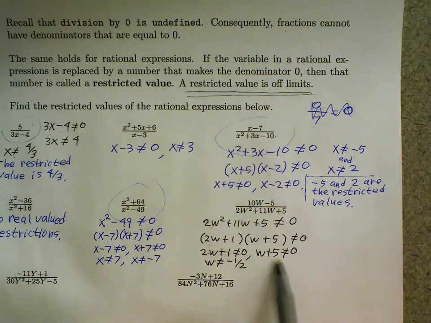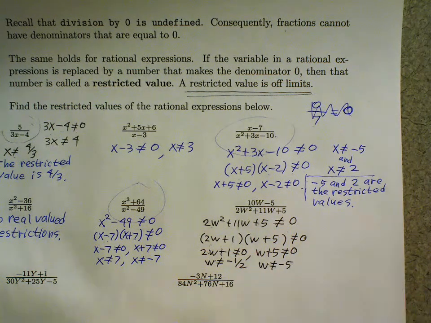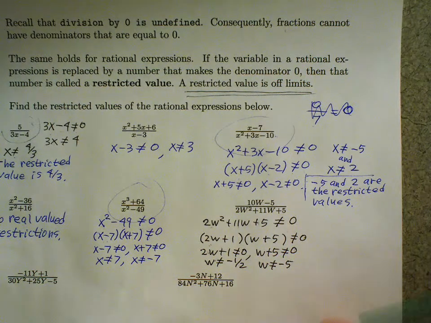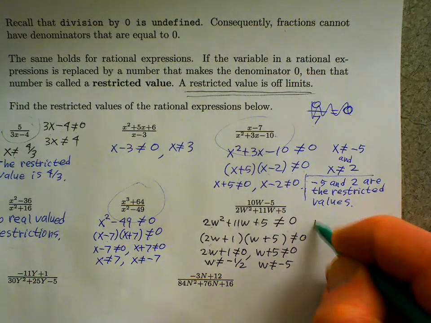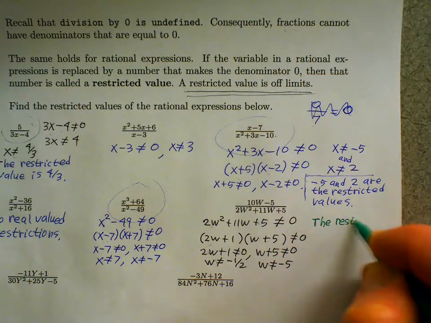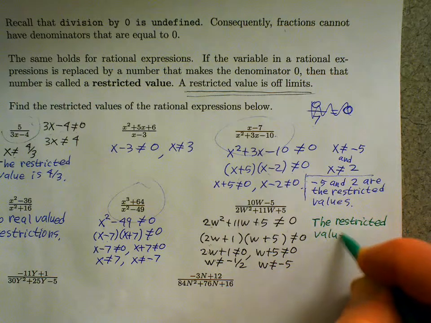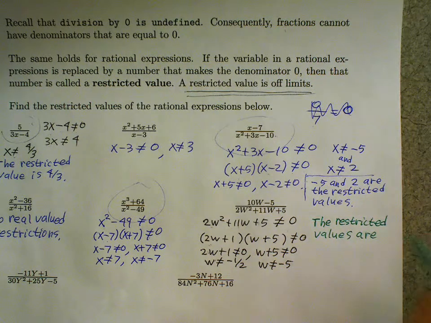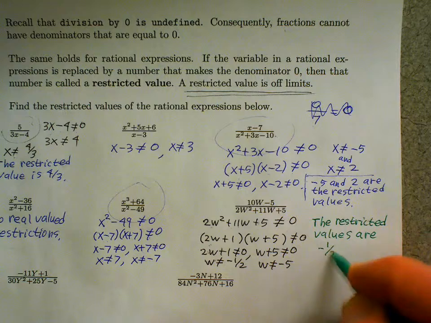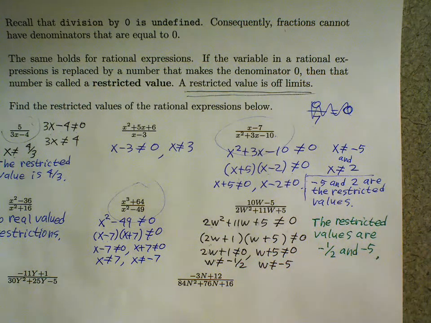For the other one, just subtract 5, and w does not equal negative 5. Okay, so the restricted values are negative 1/2 and negative 5. Those are the restricted values.